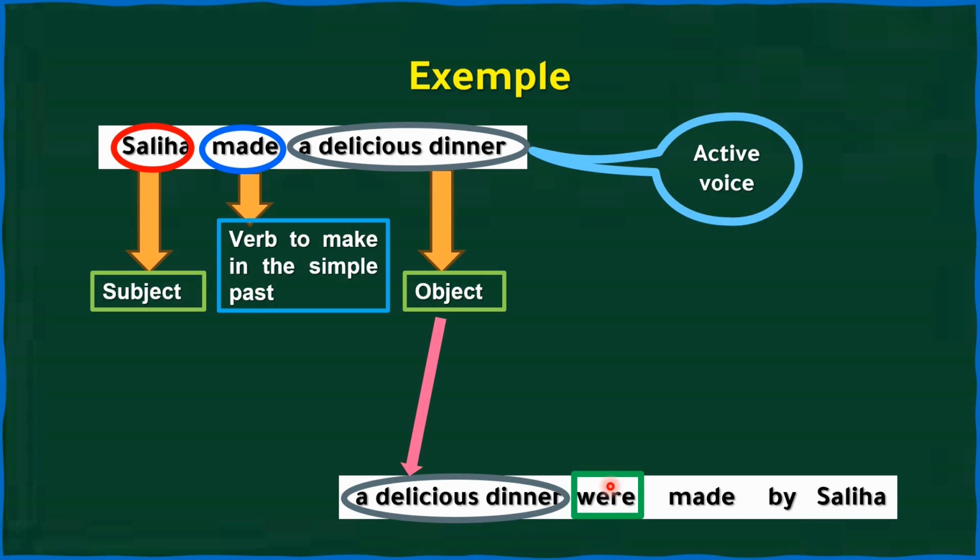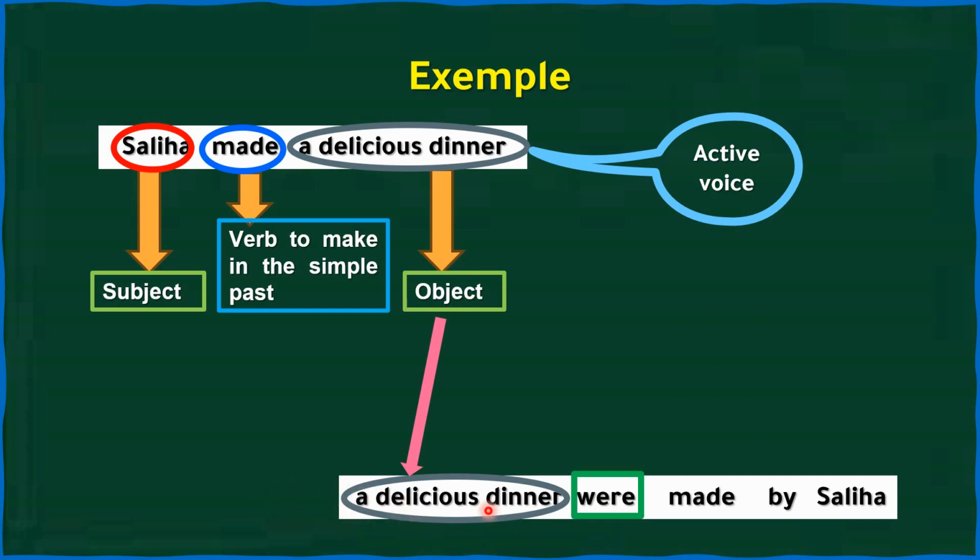We put it in front of the main verb and in the tense of the main verb, which is the simple past. So the simple past of to be is I was, you were, he was, she was, it was, we were, they were.